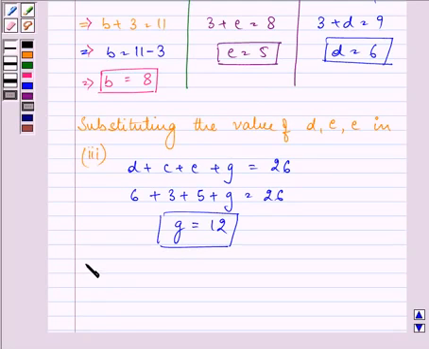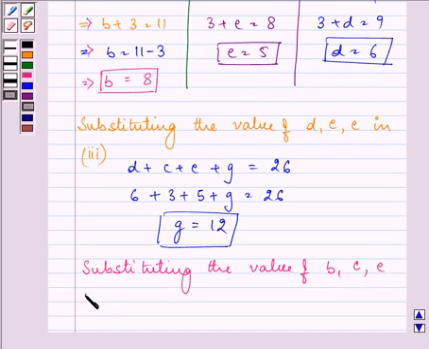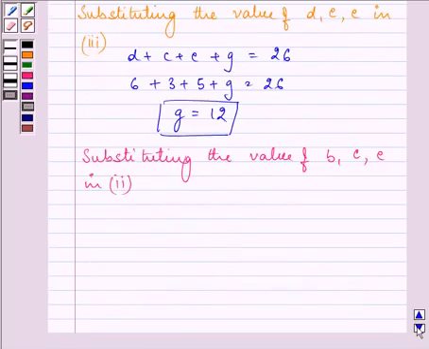Now, substituting the values of B, C and E in the second equation, we'll get 8 plus 3 plus 5 plus F is equal to 26. So the value of F comes out to be 10.